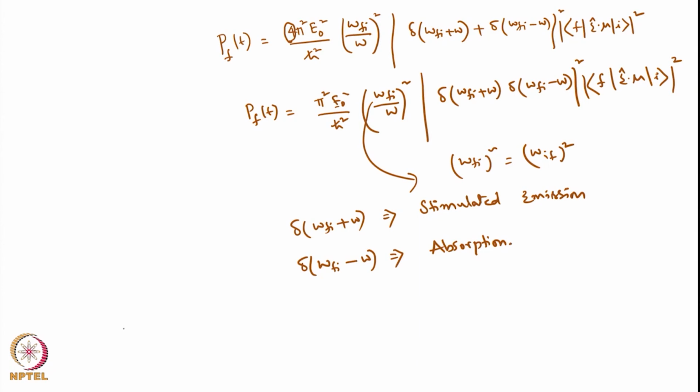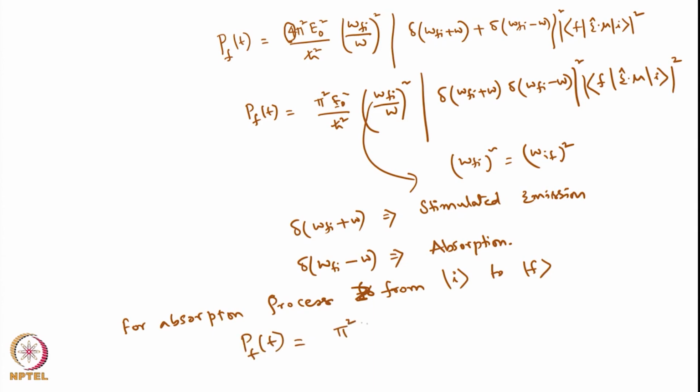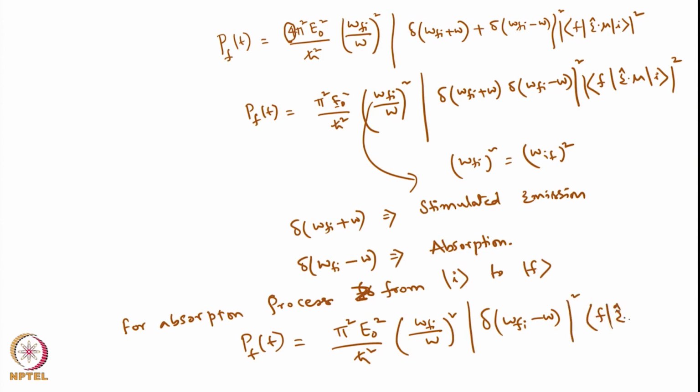So if we consider the absorption process from an initial state I to a final state F, then P f of t is given by pi square E naught square by h bar square, omega Fi by omega square, delta omega Fi minus omega square, modulus of F epsilon dot mu I whole square.